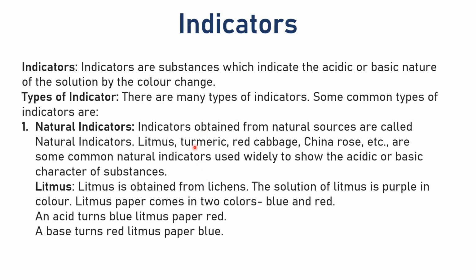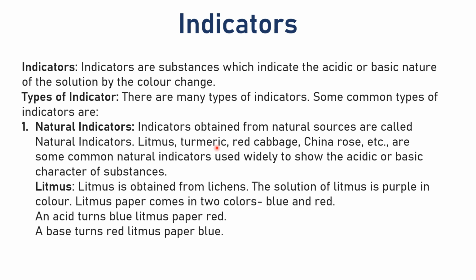Turmeric, it's haldi. You must have observed that if there is a stain on your cloth and you wash it with soap, soap has alkali in it. So soap is alkaline in nature, and when you rub it, you will find that the stain has changed to a red and brownish color.